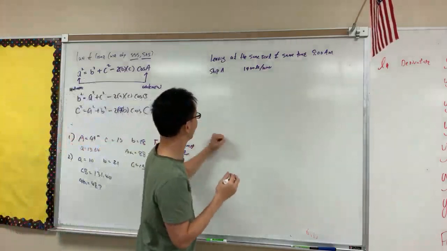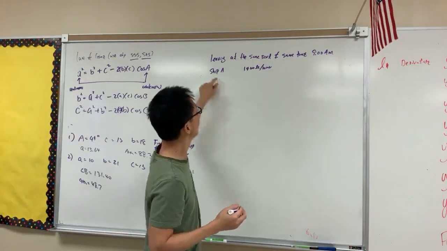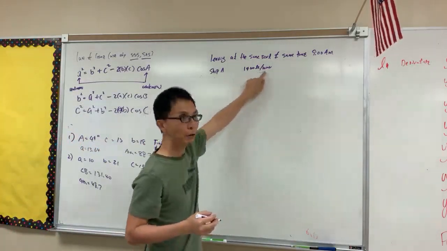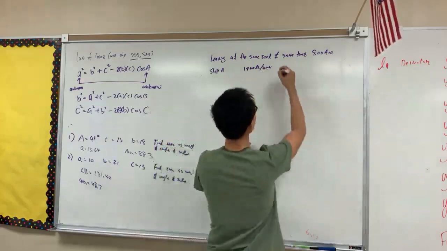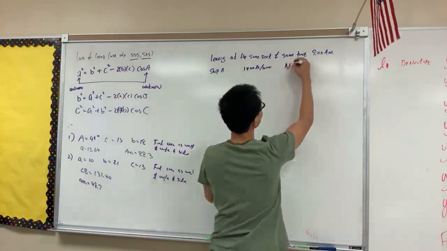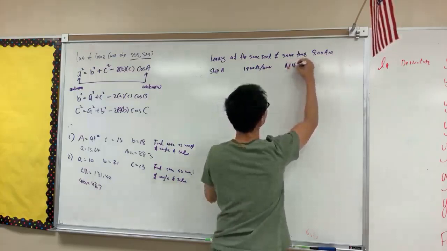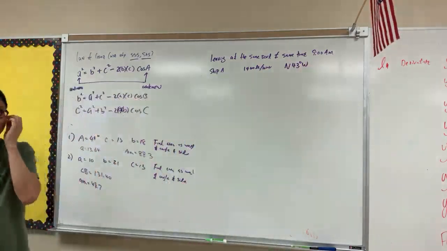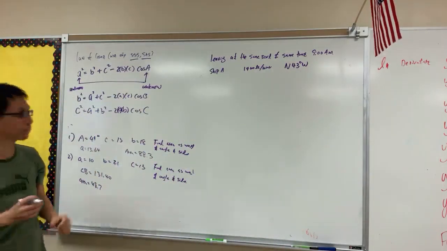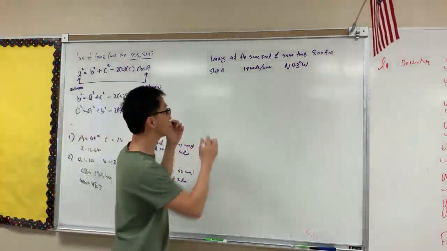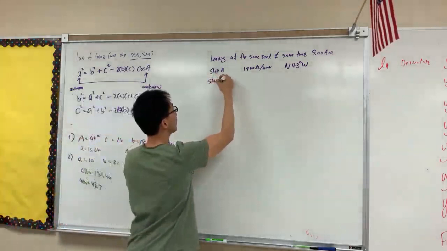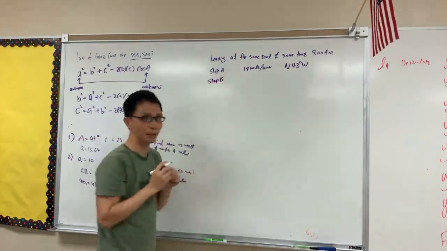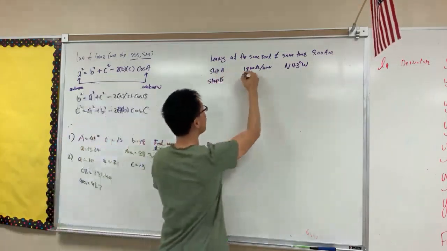So ship A is leaving at 14 miles per hour and is traveling north 43 degrees west. Ship B is leaving the same port at the same time and is traveling 12 miles.